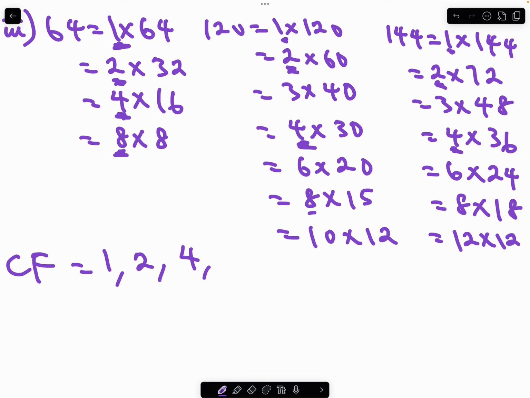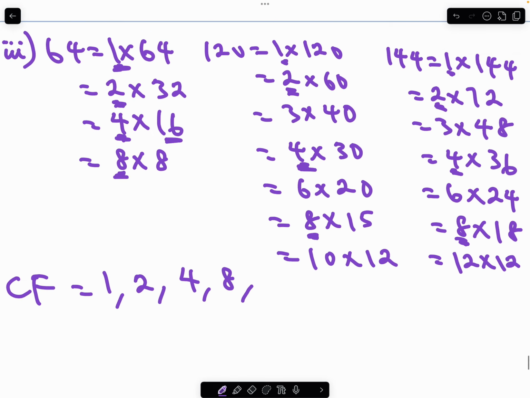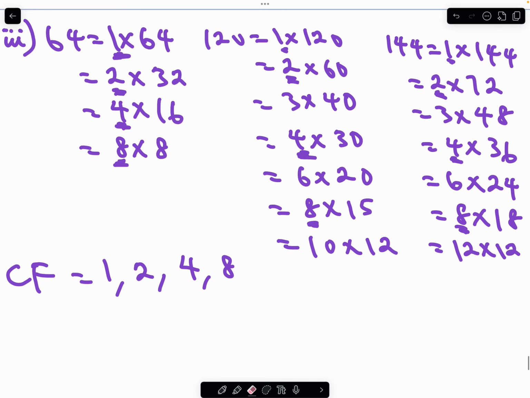There's an 8 in all three. There's a 16 here, but there's no 16 in the others, so we're not picking 16. There's a 32 here, but no 32 in the remaining two. And that's all. So the common factors are 1, 2, 4, and 8.